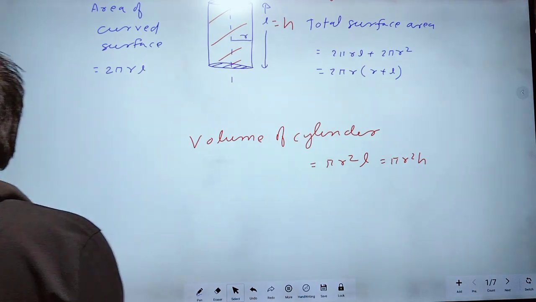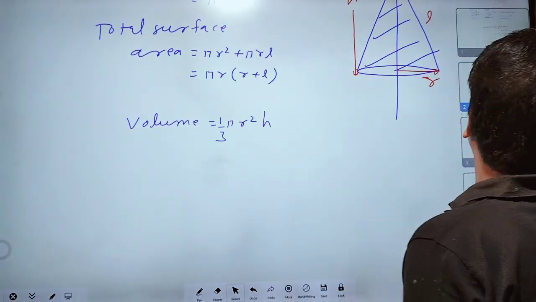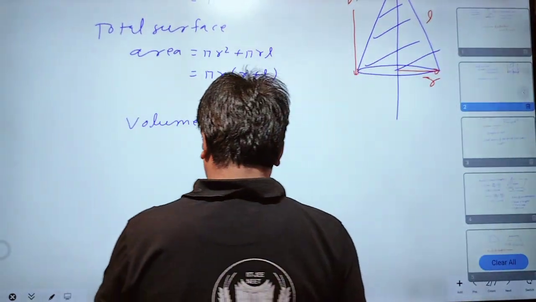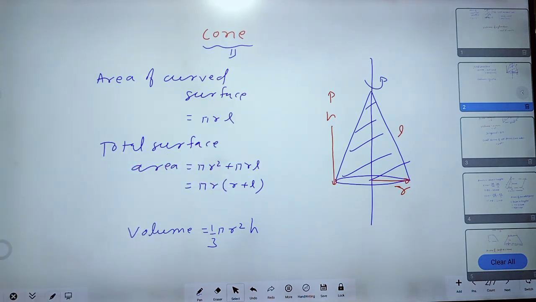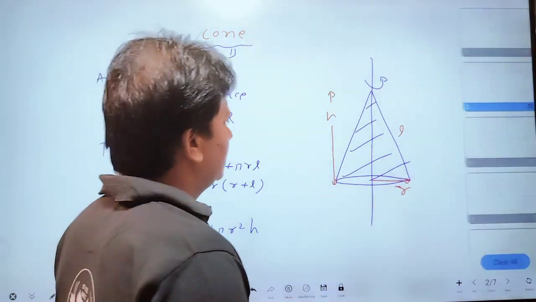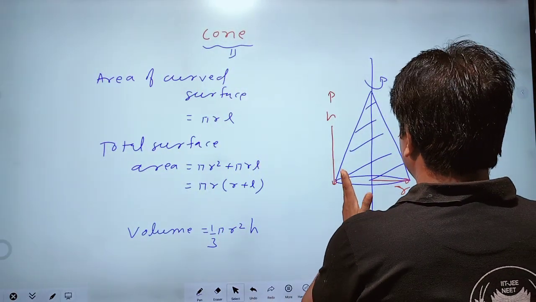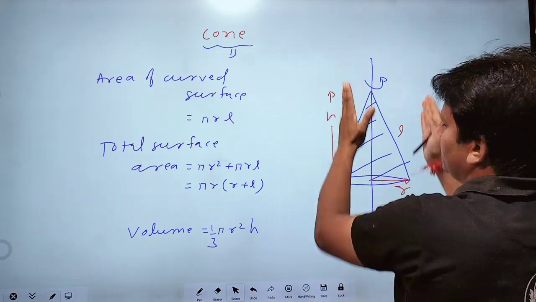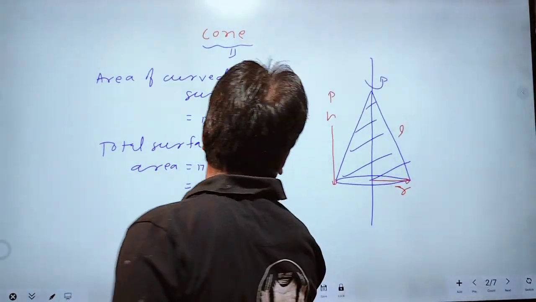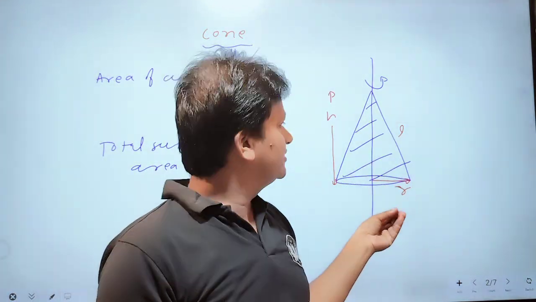Now I am going to discuss the cone. What is a cone? This is a cone. Okay? If we assume this like it will be a cylinder. Therefore, volume of cone will be less than cylinder.